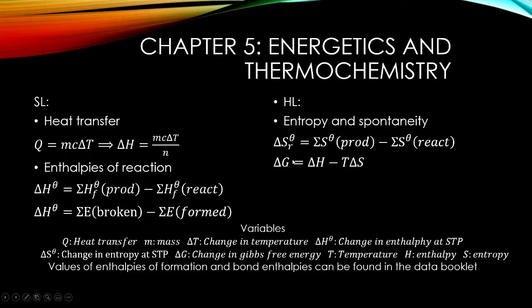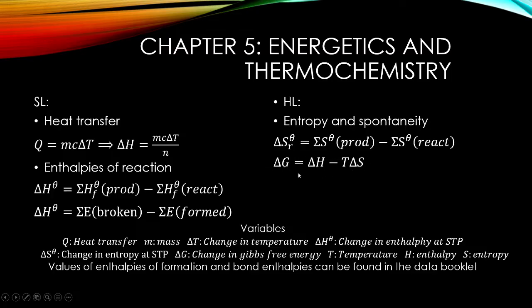The way to remember this is to think of reaction diagrams, where if you have your reactants here and your products here, if it goes downwards, it's spontaneous. That's at least how I remember it. It's not necessarily like that, but it's simple to remember. So when delta G is less than 0, it's spontaneous. If it's more than 0, it's not spontaneous. And if it's 0, it's in equilibrium.